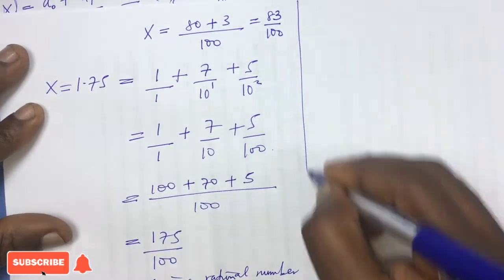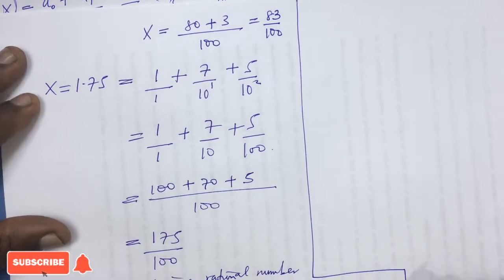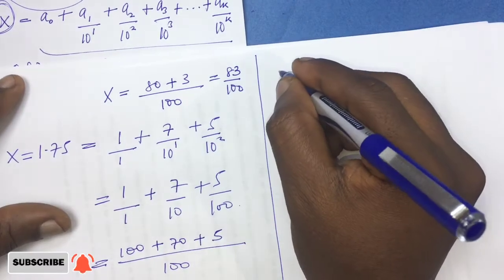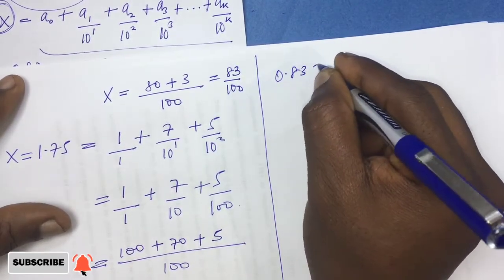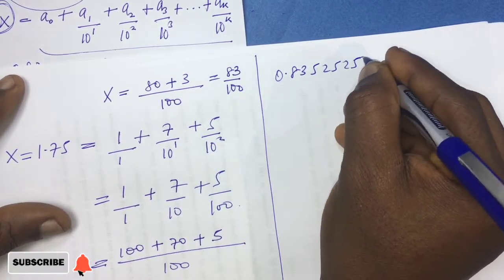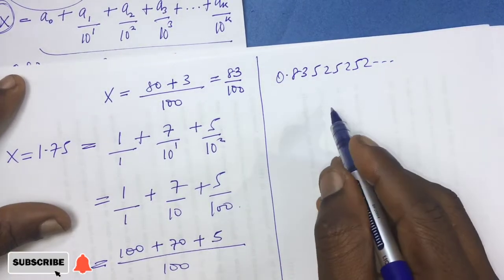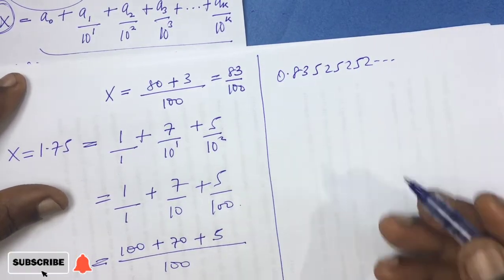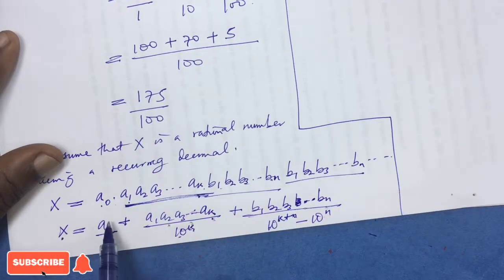So if I gave you this that we did earlier on, if I gave you this to convert 0.83525252..., if I wanted you to convert this back to the fraction that gave rise to it, take note, look at it again.